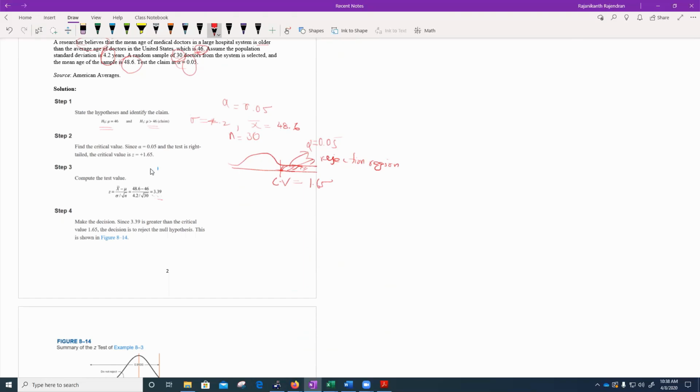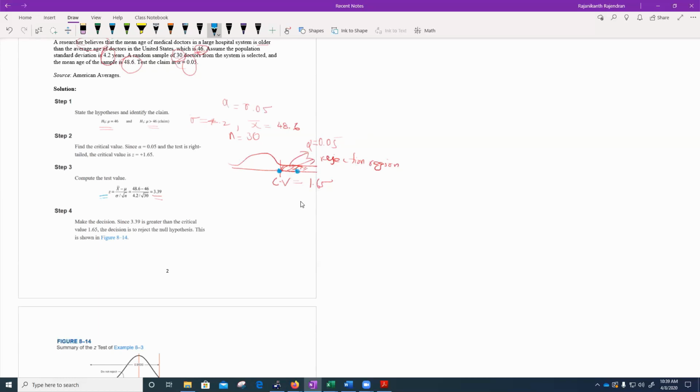3.39. Remember, my critical value, let me pick a different color to check here. This is my critical value right over here. This is my critical value, 1.65, but my test statistic value was 3.39. 3.39 should be somewhere here, am I right?